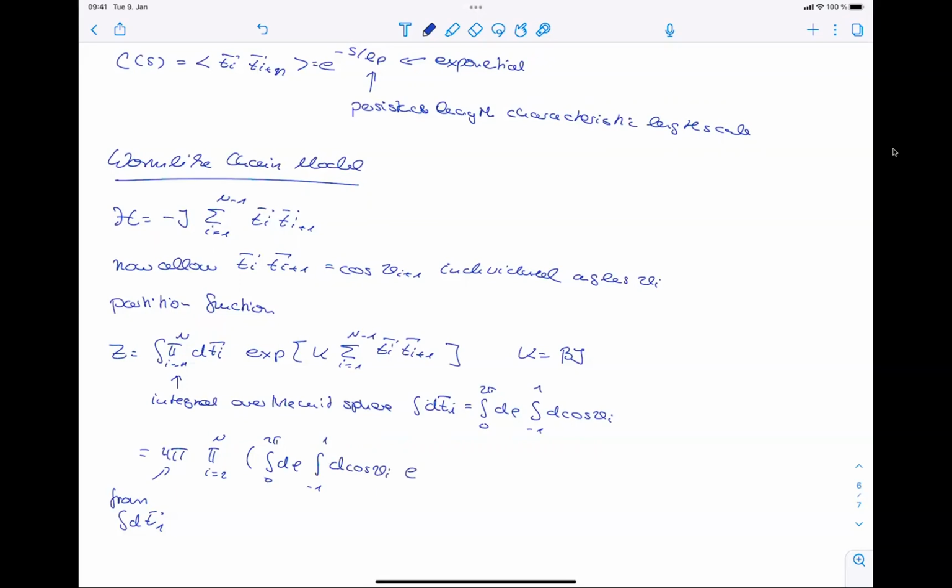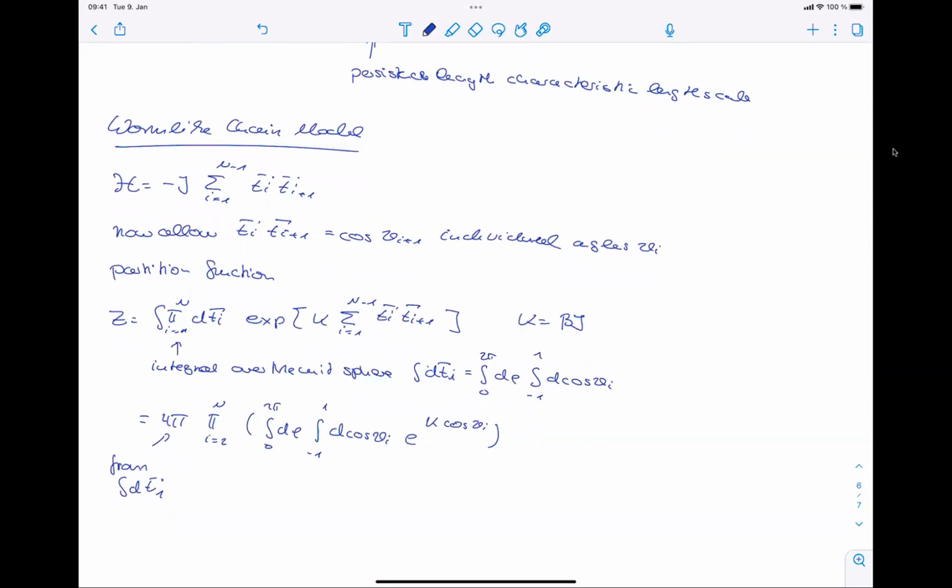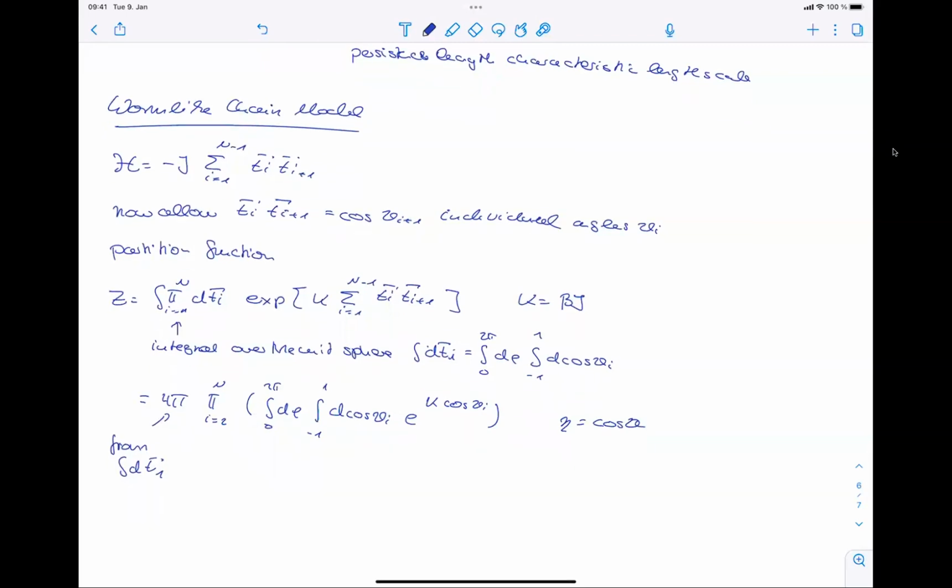And since I can now write the sum as products, I lump this sum into this product of states. And there's a cos theta_i there. Let me change integration variable by denoting cos theta as eta to arrive at the 4 pi.